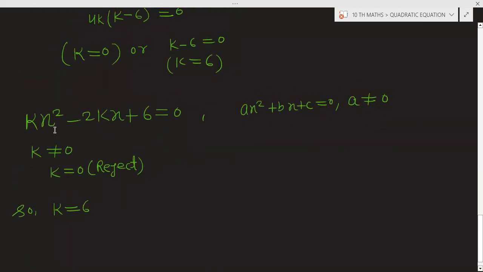Azaan, getting why I have rejected this k value 0? Why I have rejected this value of k that is 0?